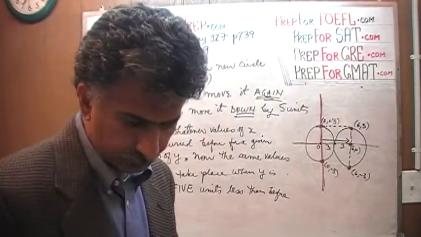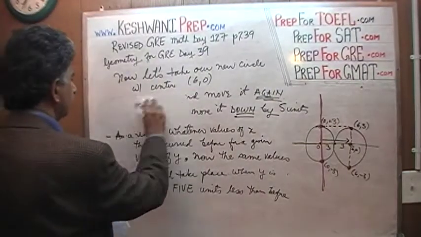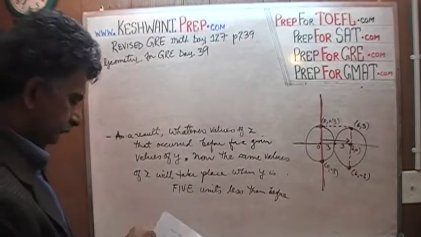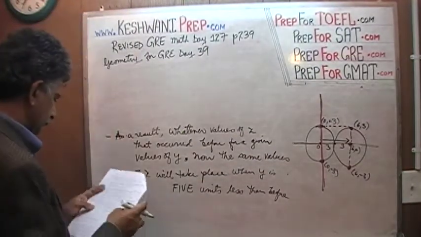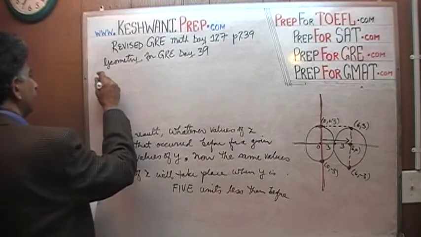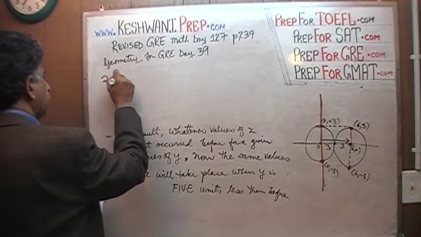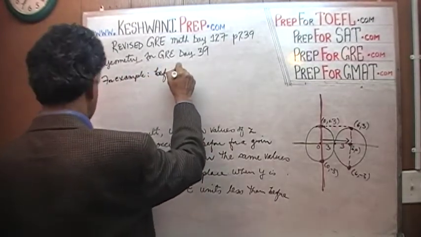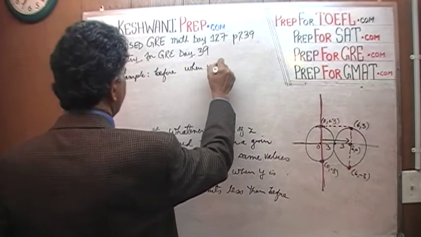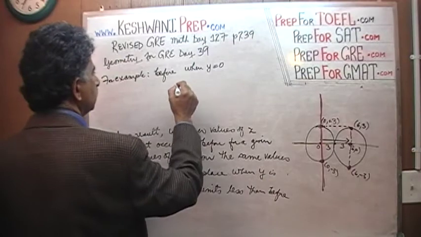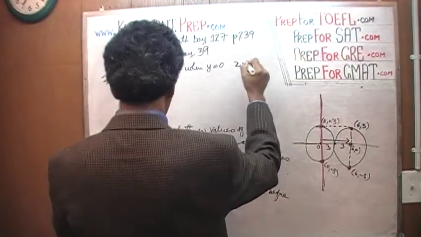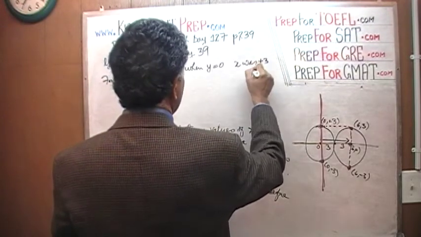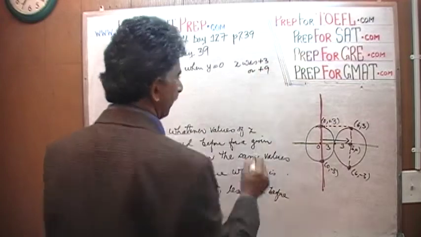For example, before, when y was 0, x was, let's find out, positive 3 or positive 9. I'm going to show you here.